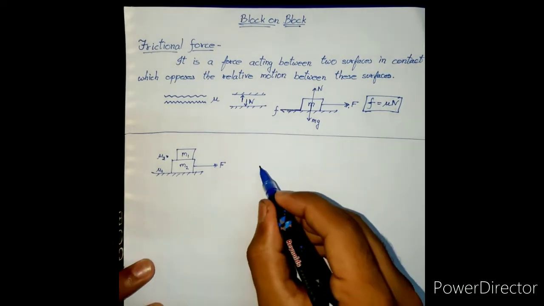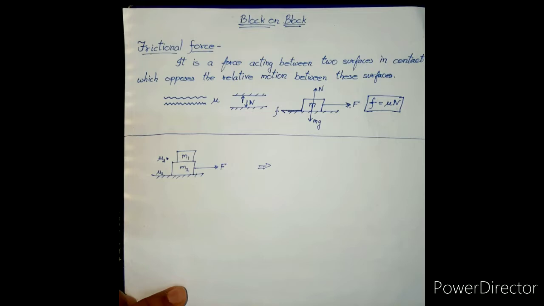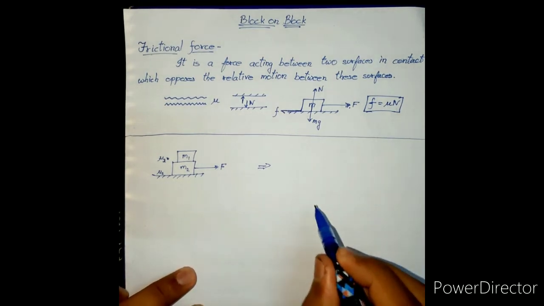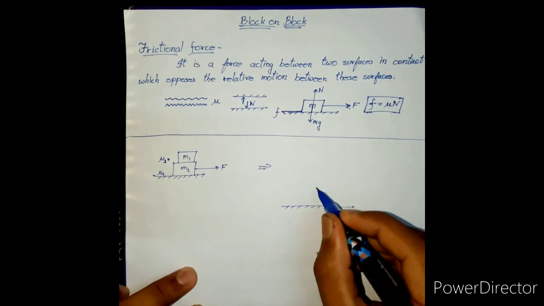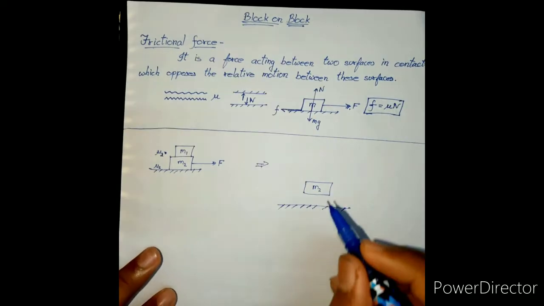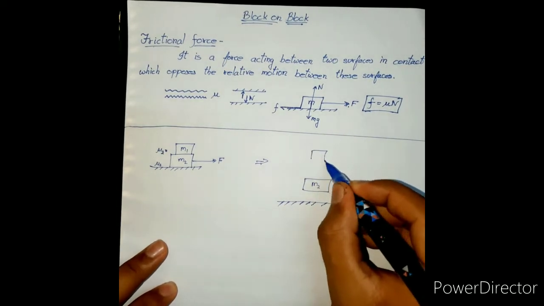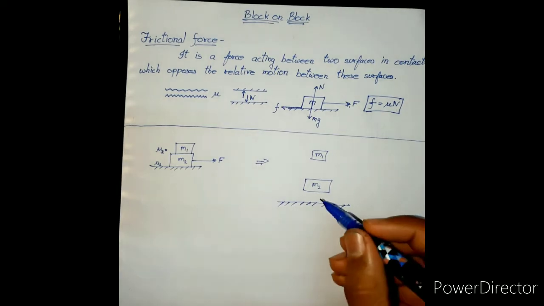We can draw free body diagrams for better understanding. So here is the rough surface. Here we get a block of mass m2 and a block m1. Right. So let us come to the block m2.